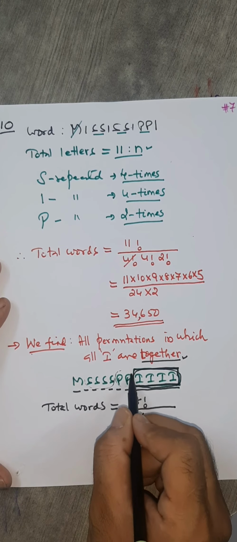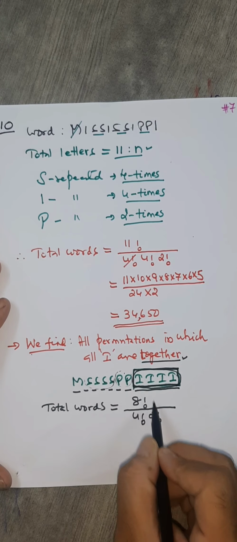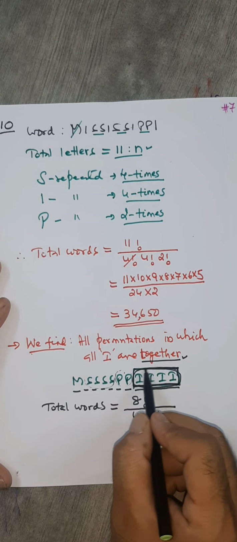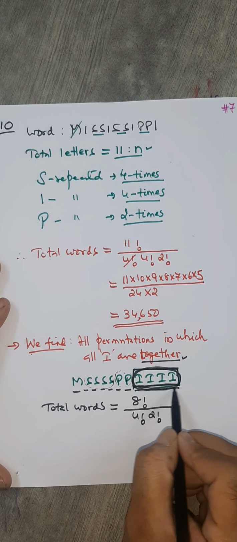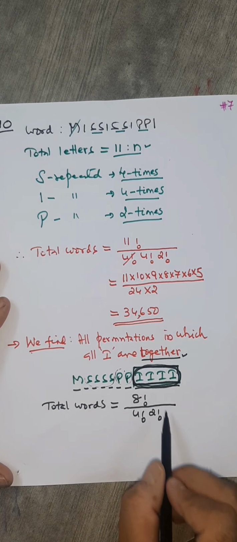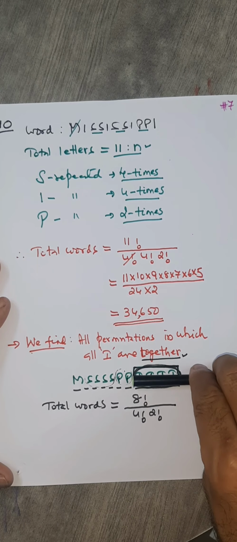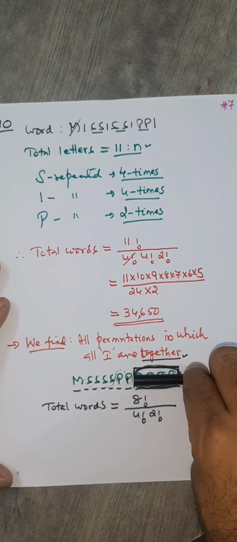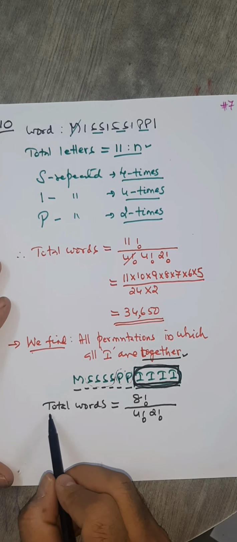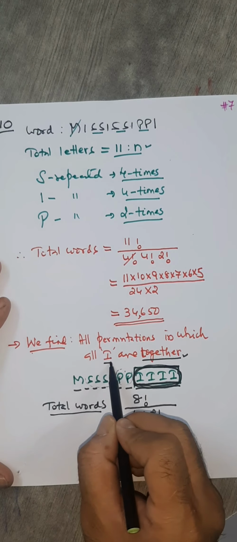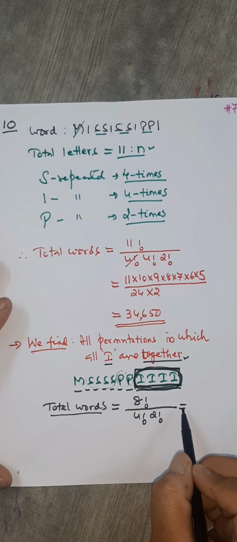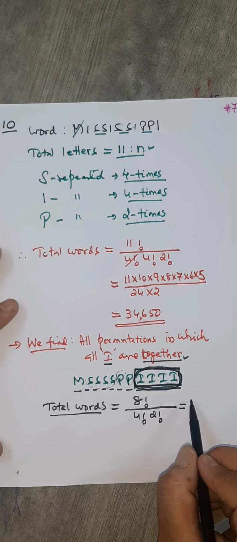P कितनी बार आ रहा है? 2 बार आ रहा है, 2 फैक्टोरियल. I 4 बार नहीं गिनना है क्योंकि इसको मैंने एक ही ऑब्जेक्ट मान लिया. रिमेंबर, दिस इज वेरी कॉमन टेक्निक इन परम्यूटेशन. तो इसको आपको अपॉन 4 फैक्टोरियल नहीं लिखना है. यू इमेजिन दैट कि आपके लिए एक ही ऑब्जेक्ट बन गया, सो अलग समझने की जरूरत ही नहीं है. सो दिस आर द वर्ड्स इन विच ऑल I's अकर टुगेदर इज गिवन बाय दिस.